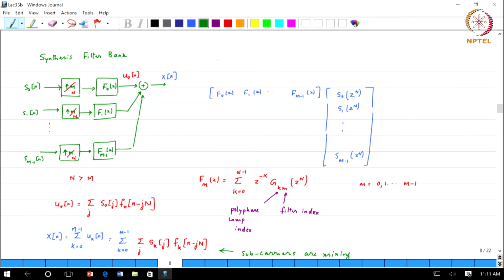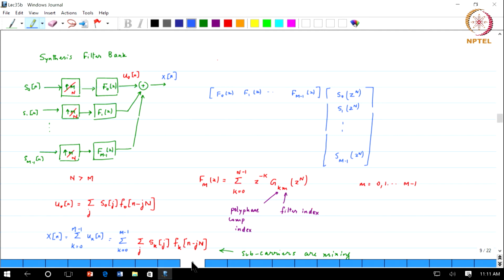So, the vector representation is a row f naught, f1 up to fm minus 1 multiplied by these upsampled signals. So, basically we get a combining of the signals, that is why it is called the synthesis filter bank. We wrote down the time domain expression, that is more for completeness, but the one that we wanted to focus on is doing the polyphase decomposition.